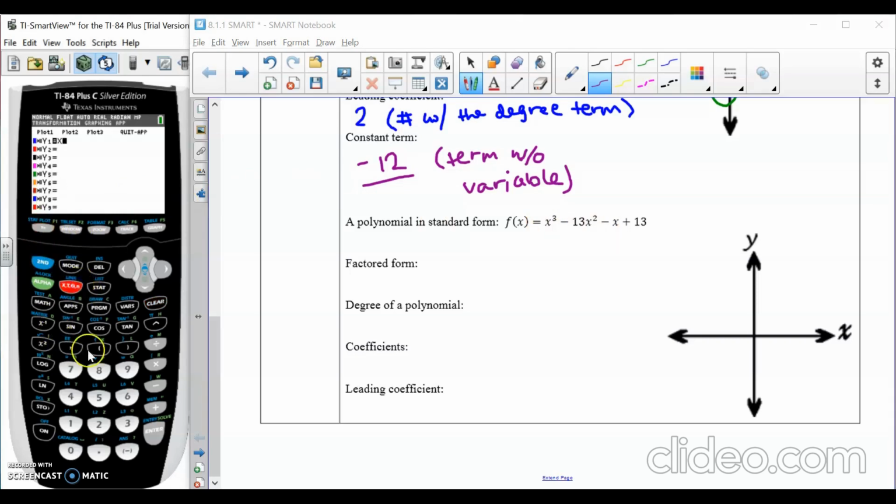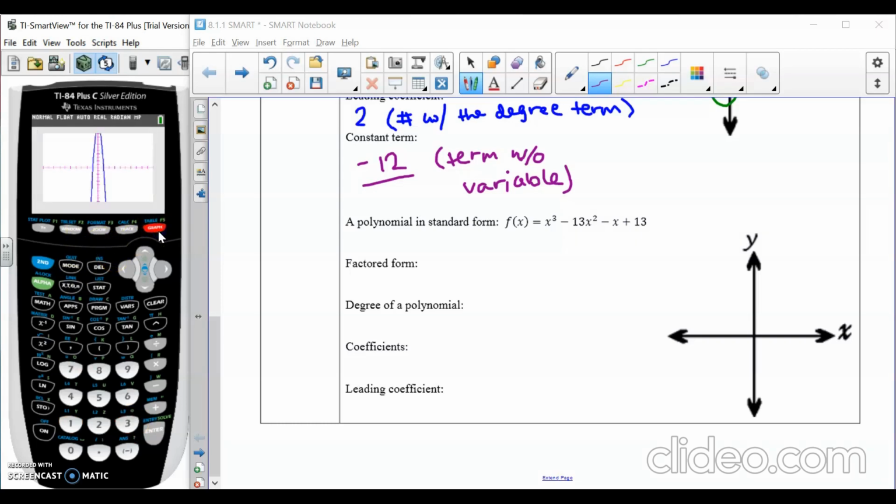Let's type our x cubed minus 13x squared minus x plus 13.